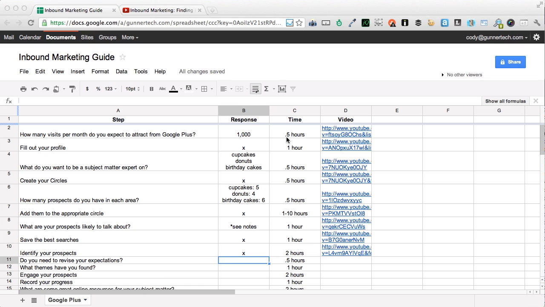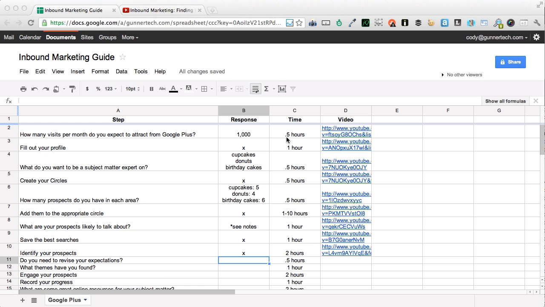And now if you go way overboard and you identify 500 for each bucket, then yes, absolutely you need to probably revise your expectations for monthly visitors upward. Now keep in mind that your prospects aren't going to be the only people generating visits to your site. There will be people, because of the nature of social media, who see your page or your profile from a secondary connection.